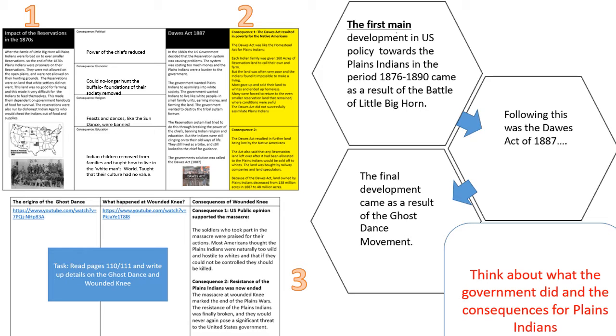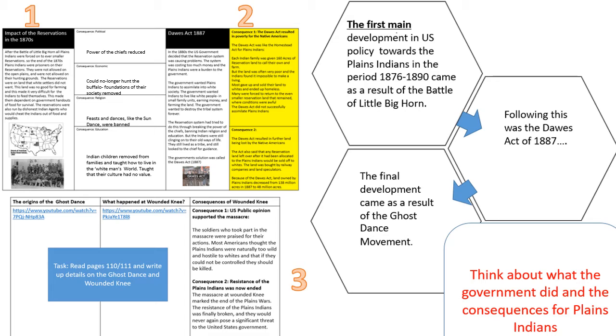So if you look at my help guide here, the start, the first main development in US policy towards the Plains Indians in the period 1876 to 1890 came as a result of the Battle of Little Bighorn. And you can look back in your notes in your book, or you can look at my copy on screen here. That information you'll find at number 1.